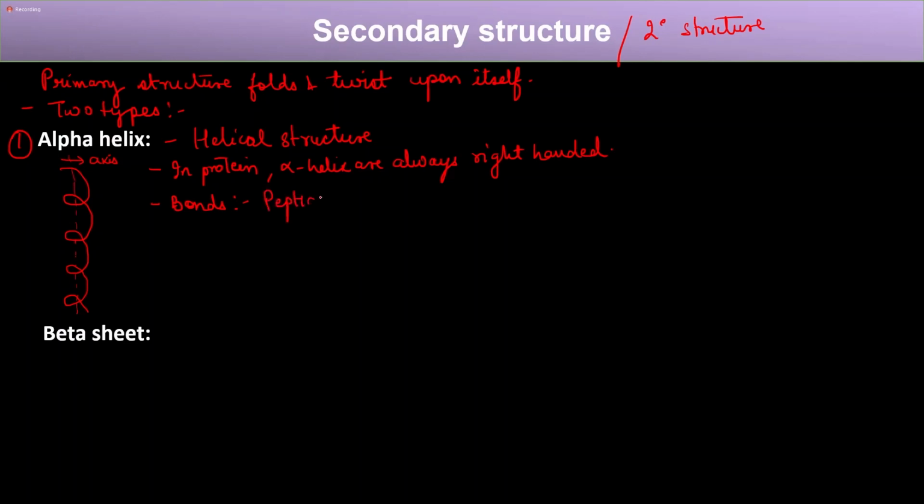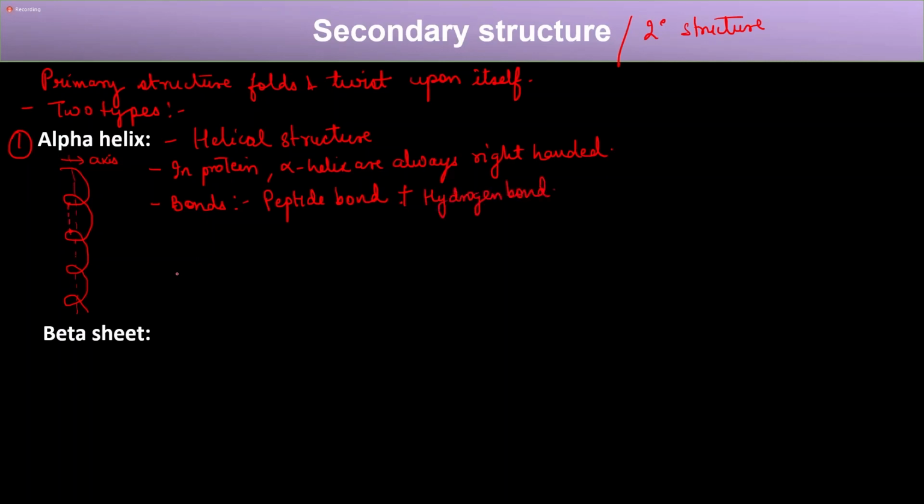But apart from the peptide bond, the alpha helix is also stabilized by another type of bonding. Suppose here is one amino acid and here is a second amino acid. These amino acids interact by hydrogen bonding. So the second bond present in alpha helix is the hydrogen bond.